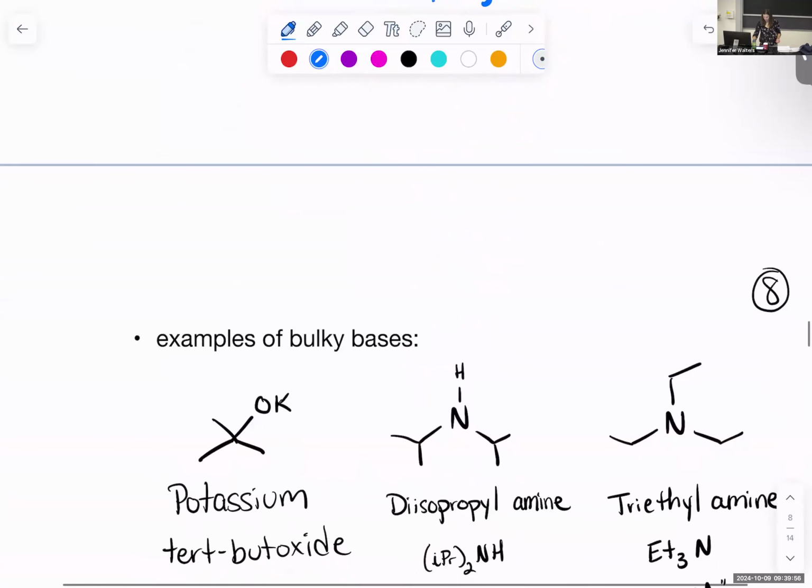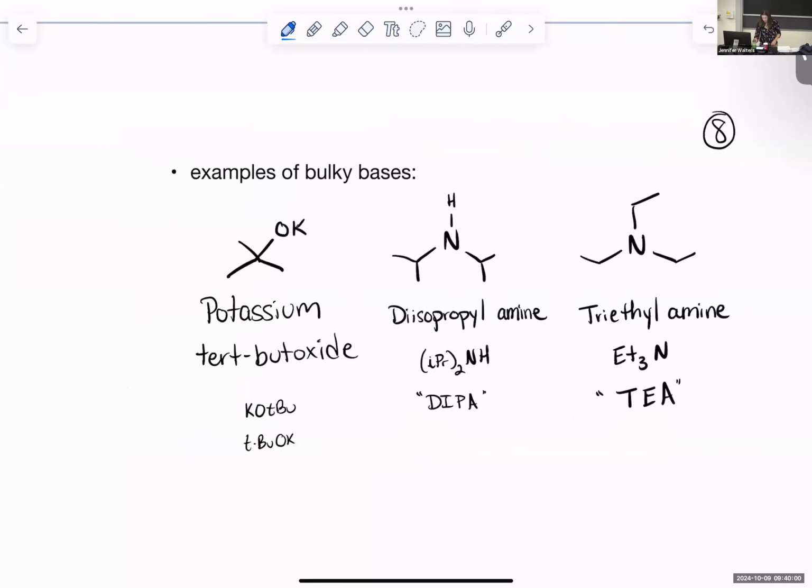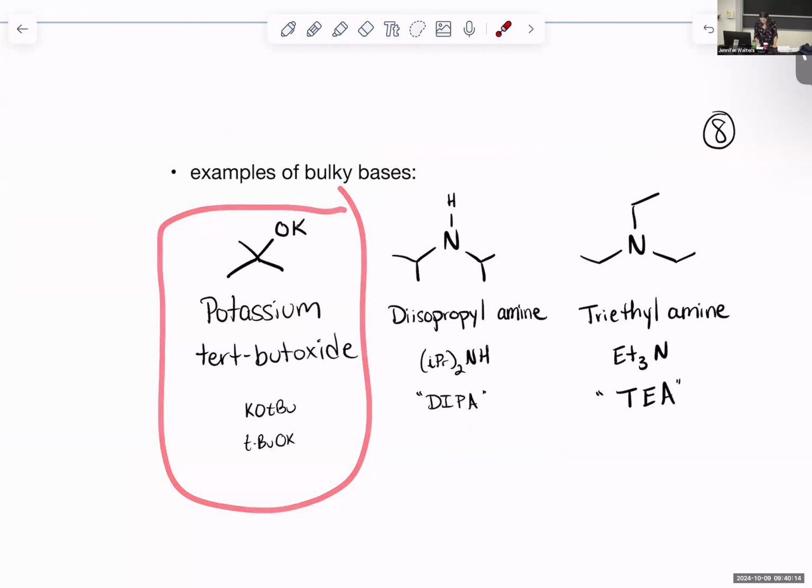And hopefully you're wondering, what are bulky bases? These are pretty much the 3 bulky bases you need to know. Essentially, if it's one of these, it's a bulky base. If it's not, it's a non-bulky base. So our bulky bases are those tert-butyls.